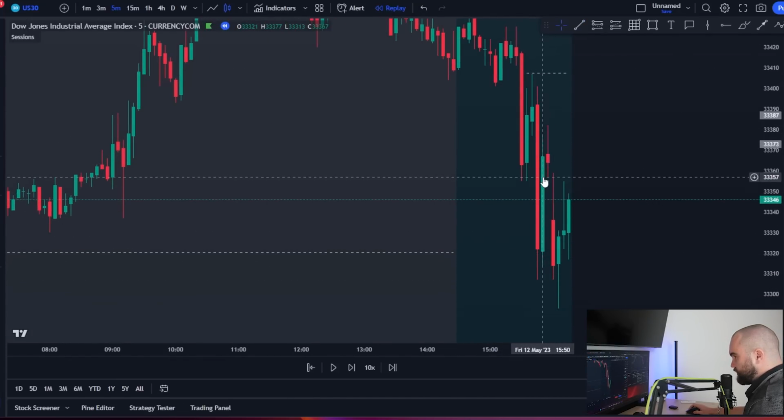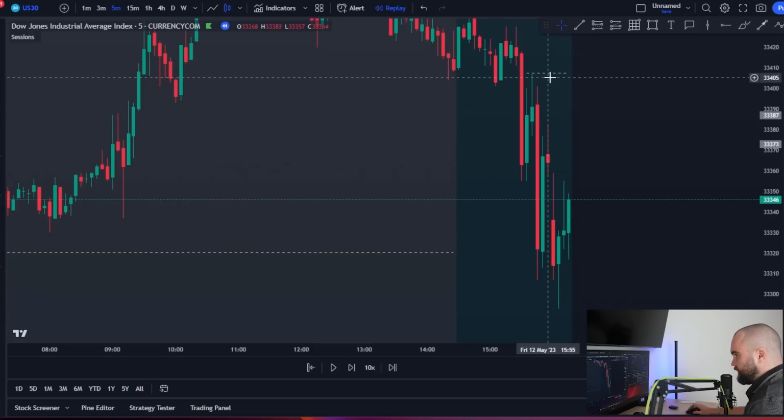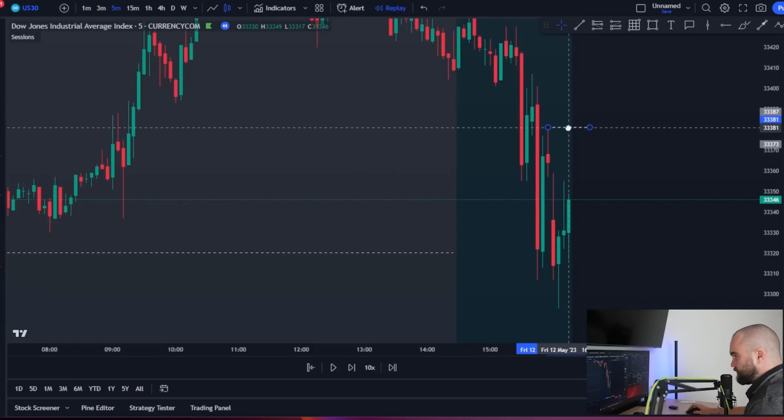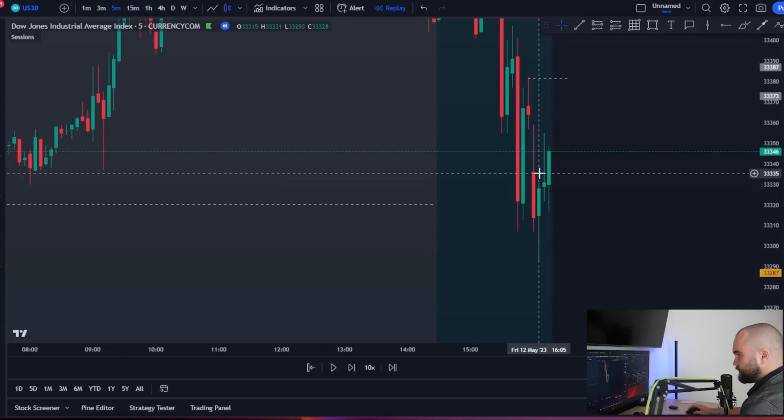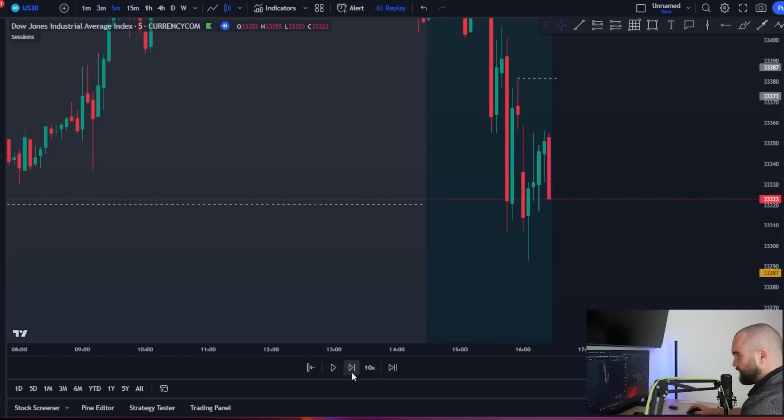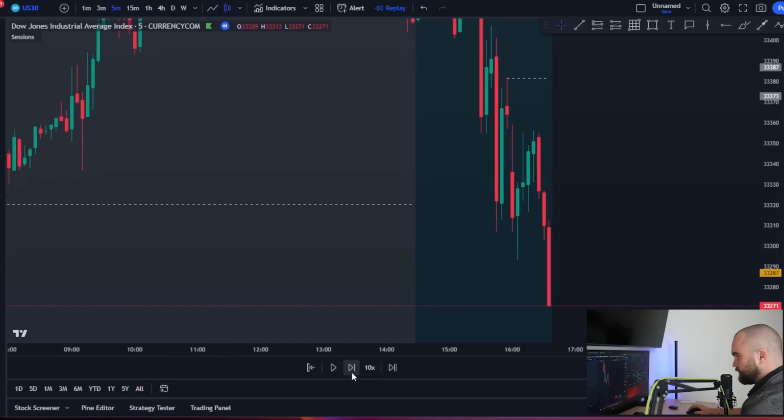This candle did not take out this low, and this did, so that confirms this as the fractal high now. This did not take out this candle's low. Okay, so now if this breaks the low here, then that will be our fractal high. There you go. So this would become our fractal high because it did not take out this candle's low, and then it was confirmed once the low was broken.